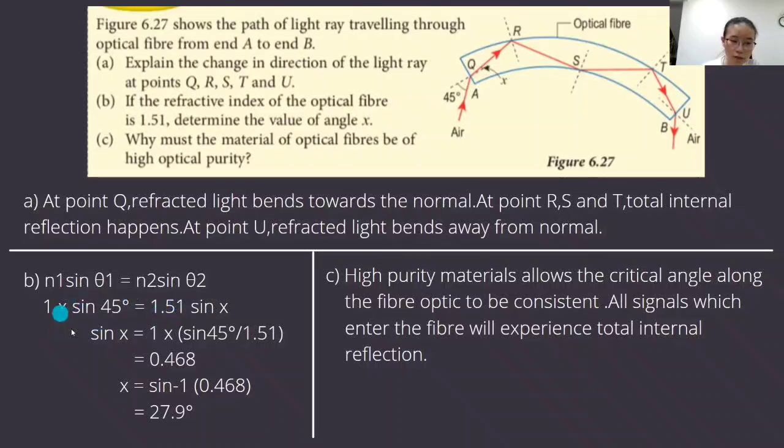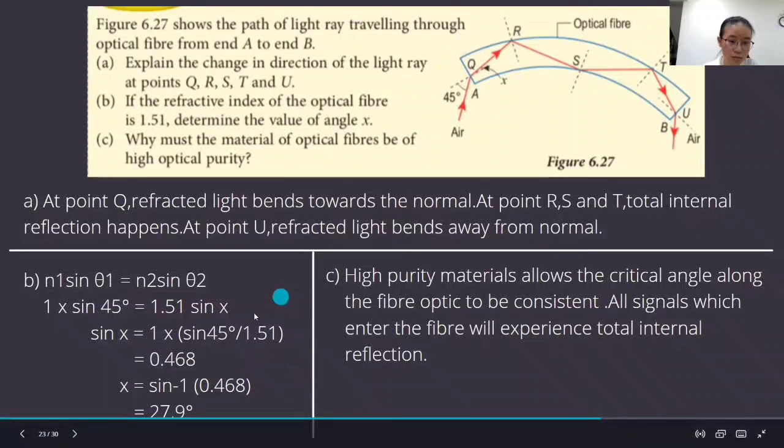Okay, we put the values in it: 1 multiplied with sine 45 degrees equals 1.51 multiplied with sine X. Then we calculate it by using the calculator, and lastly we'll get the answer, 27.9 degrees.